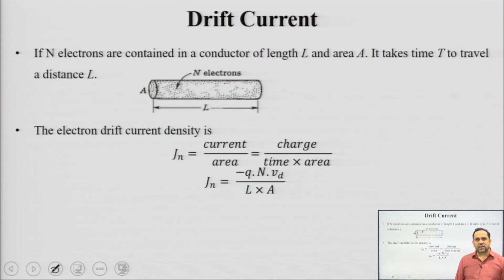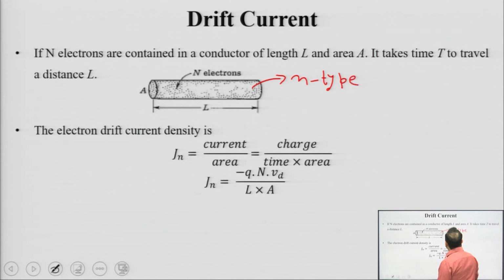If I now need an expression for drift current, I am going to start, say this is a piece of semiconductor. Again my discussion is for n type, I will give you an example for p type also. So, this is an n type semiconductor. Okay. It has n number of electrons, this uppercase n tells you how many electrons are there. This is not the concentration, this is the absolute number of electrons.